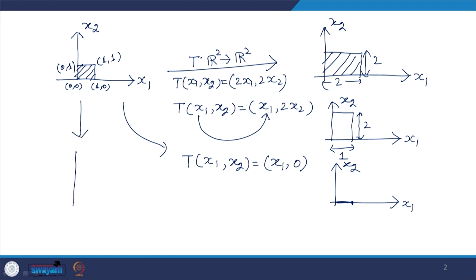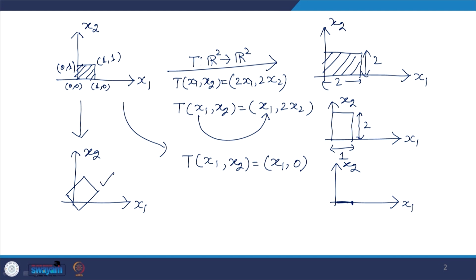Similarly, using a linear transformation, I can rotate this square by an arbitrary angle in the x1 x2 plane. For example, I will rotate it by 45 degrees like this. So, what will be the linear transformation for this?